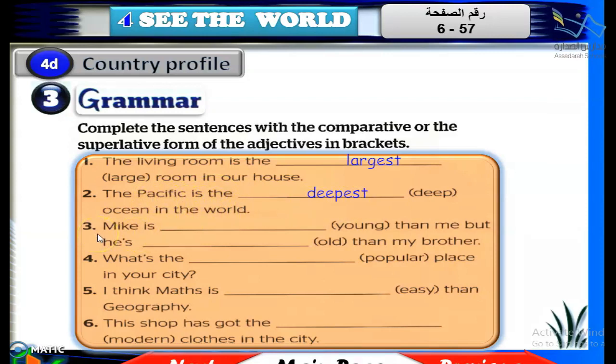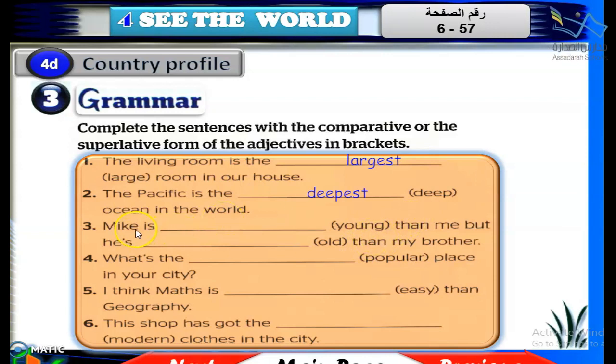3. Mike is blank younger than me. He is blank old than my brother. Since we have than, what do we use? The, excellent, the comparative.